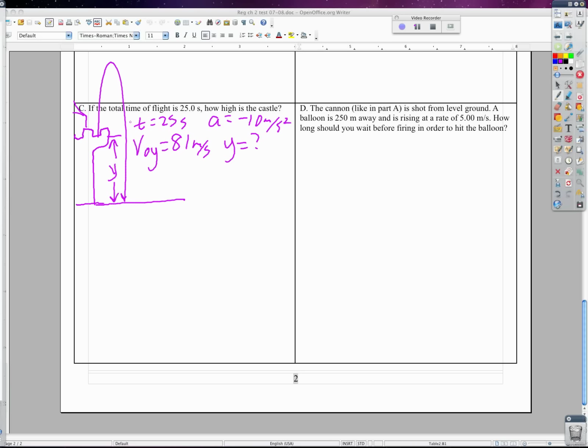Again, we know that vy is posted. So we're just going to plug in: y is equal to vy times 3.1 plus 1/2 times negative 10 times 3.1 squared.